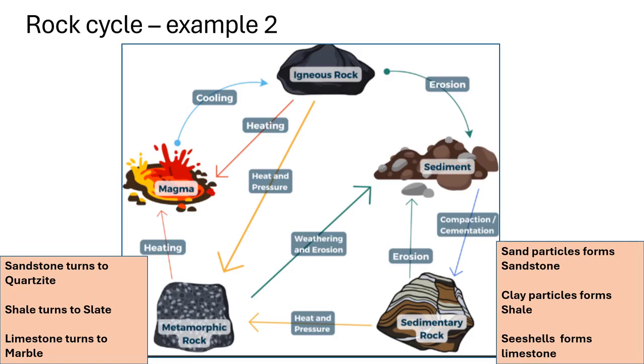When clay particles form shale, and the shale changes to a metamorphic rock, it forms slate. And when seashells, or pieces of coral, compact, they form limestone, but when the limestone undergoes metamorphosis, it forms marble.